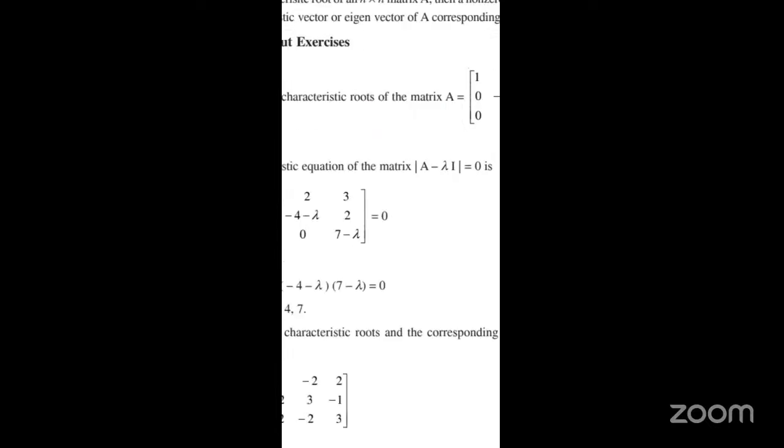All the remaining elements are the same: first row 1 - λ, 2, 3; second row 0, -4 - λ, 2; third row 0, 0, 7 - λ, equal to 0.